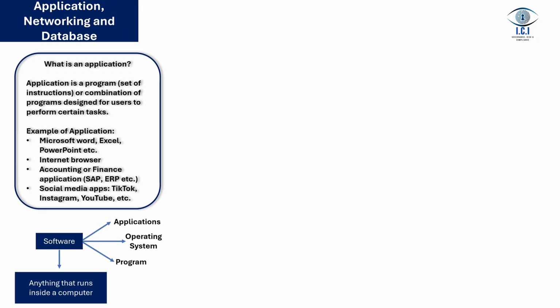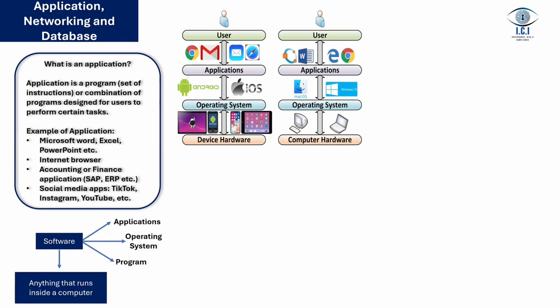So if you look at it, we have software, and I said software is the modern name for applications, operating systems, and programs. Software is anything that runs inside your computer. Looking at this, we have the device hardware, like I showed earlier, the operating system, and the applications.